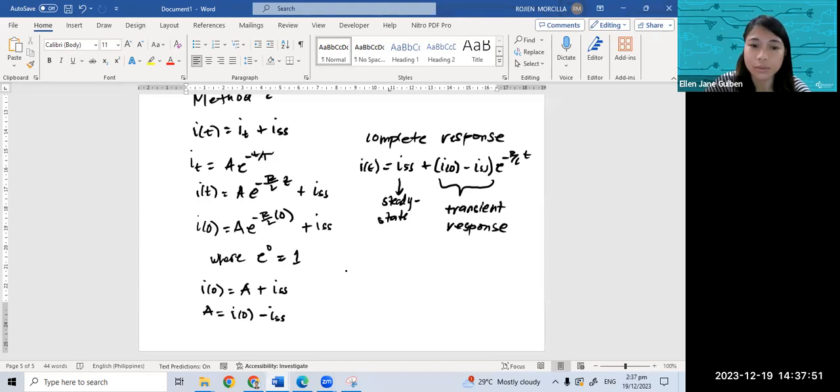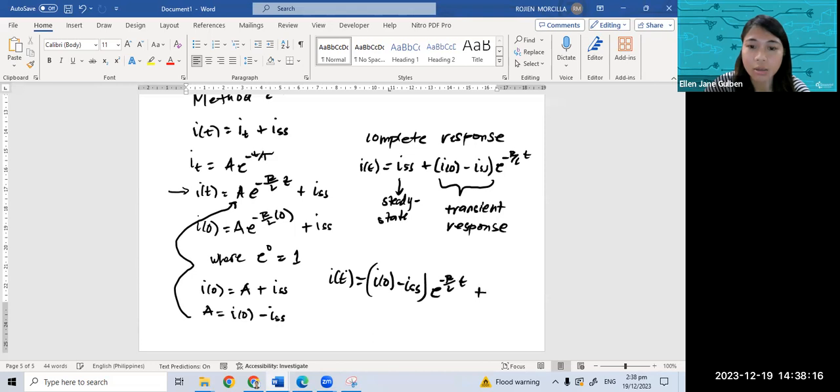So A we substitute there. We get I of t from this one. I of t is equal to A, what's the value of A? I of 0 minus I steady state times e to the negative R over L t plus I steady state.